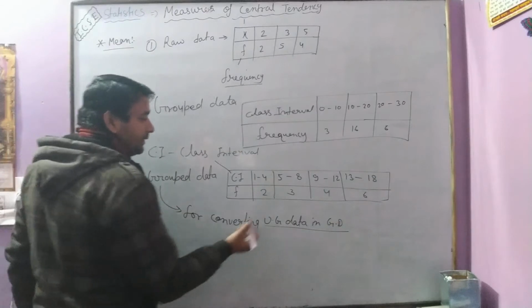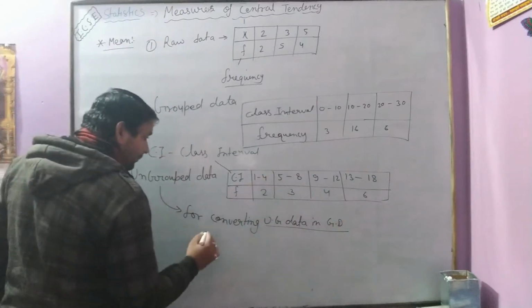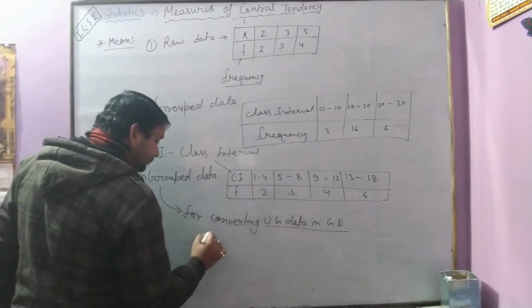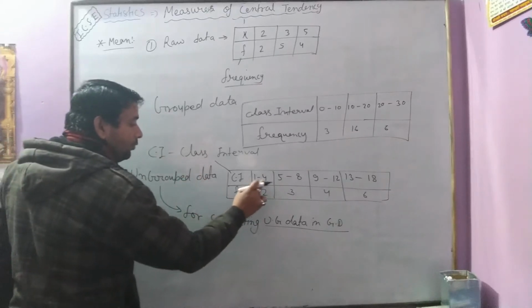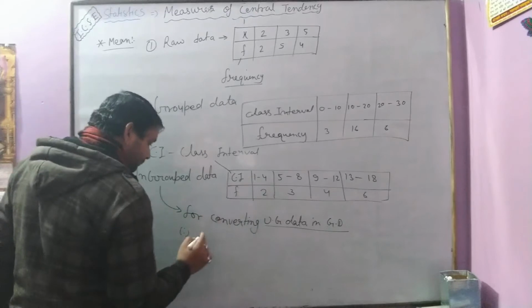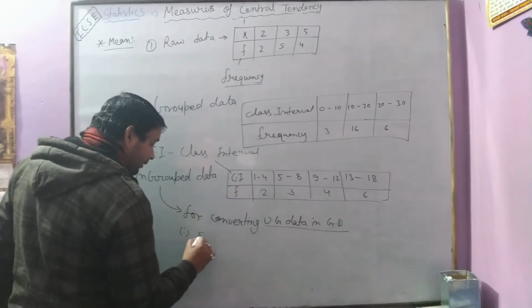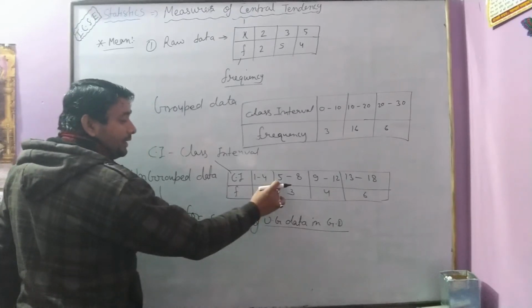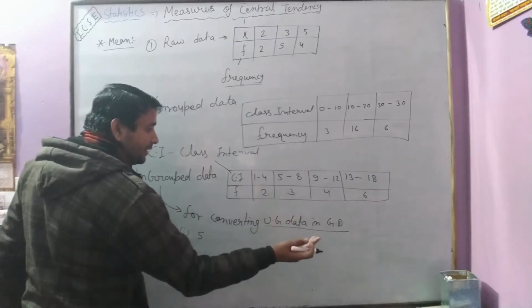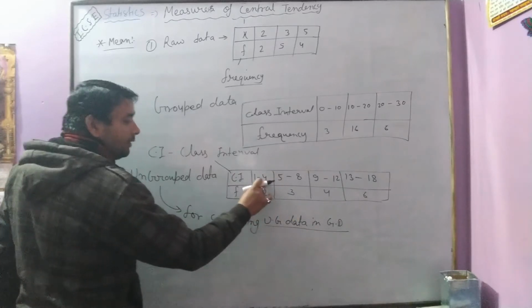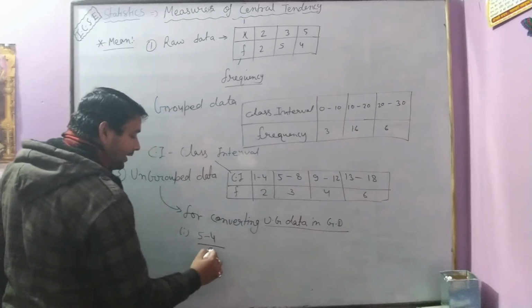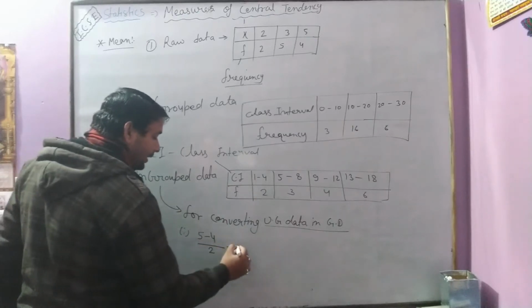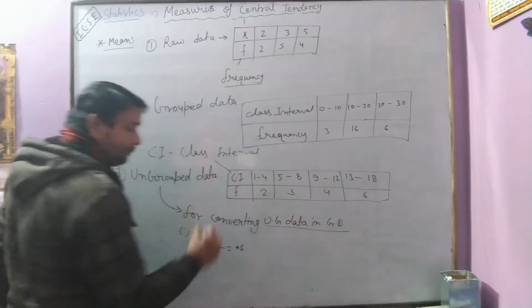You have to subtract the higher limit of the first class from the lower limit of the second class and divide by 2, that is 5 minus 4 divided by 2, which gives 0.5.